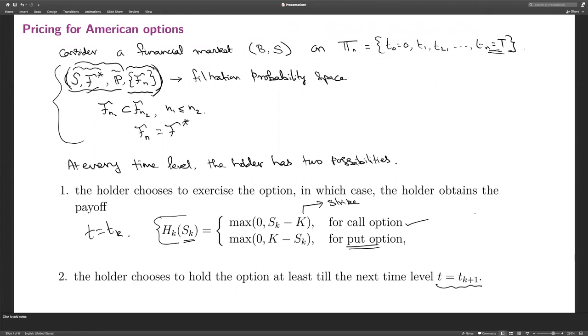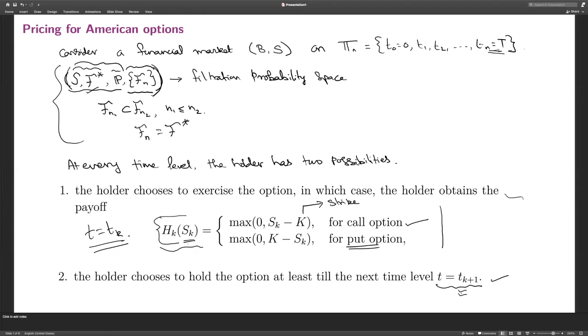So you have one of these two options that the holder can choose at the time t equal to Tk. If the holder chooses to exercise the option, then the situation is very clear. The holder will get the payoff, where the writer has to pay this payoff to the holder. Whereas if the holder chooses to hold the option and carry it over to the next time level, then we need to work a little bit.